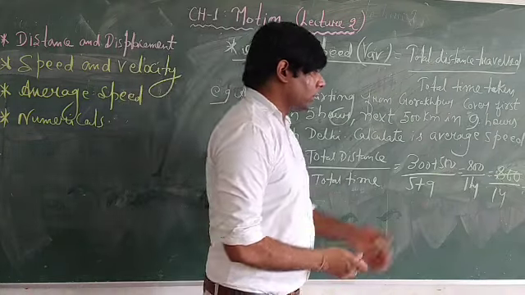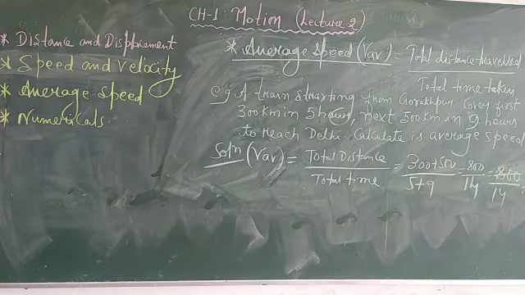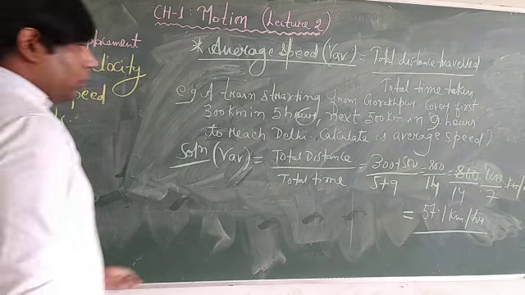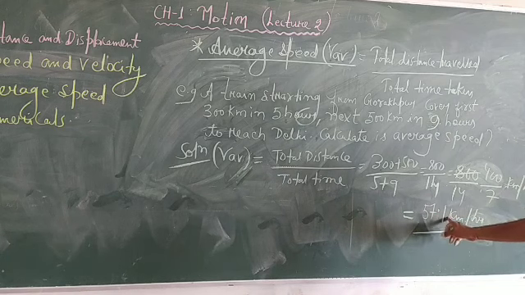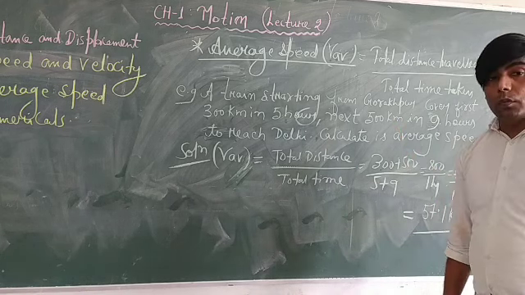You can make the calculation and divide it. The final calculation is 57.1 kilometers per hour. That is, the average speed is equal to 57.1 kilometers per hour.